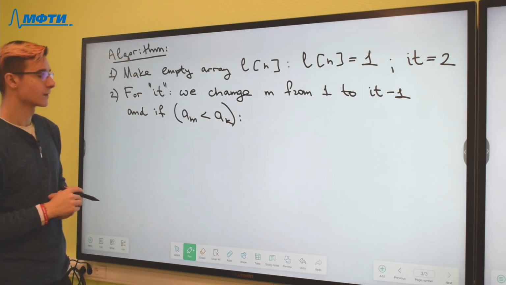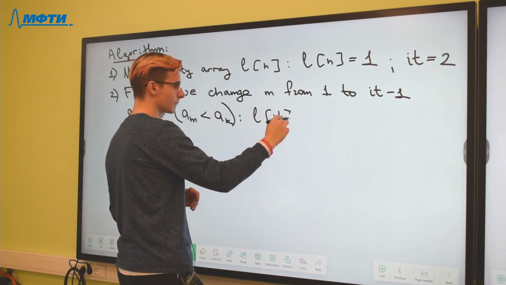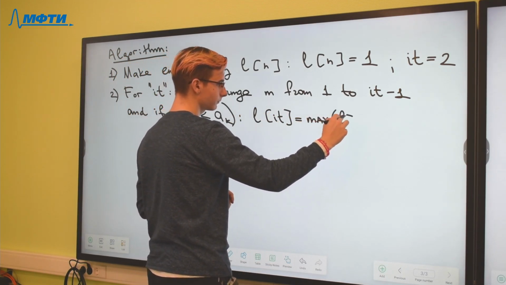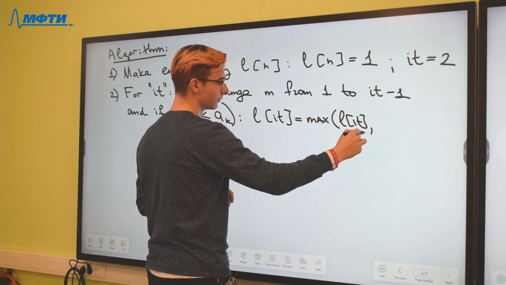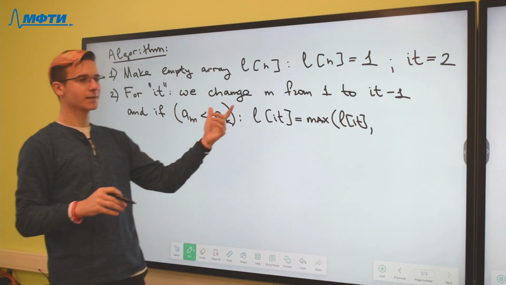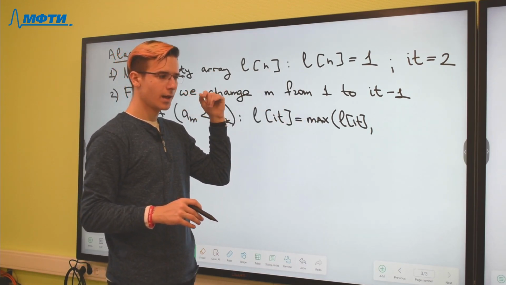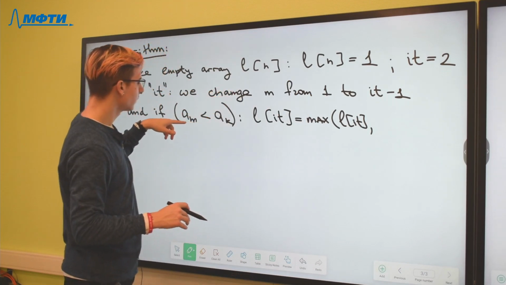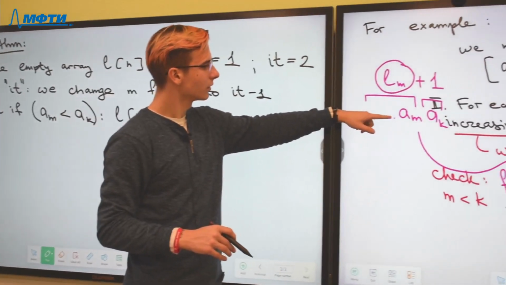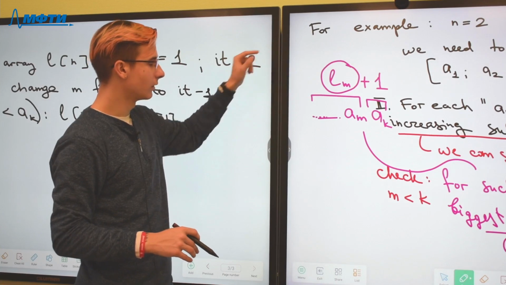We say that L from iterator will be the maximum of the length that we have already found and the length of the subsequence that we find now in this step.